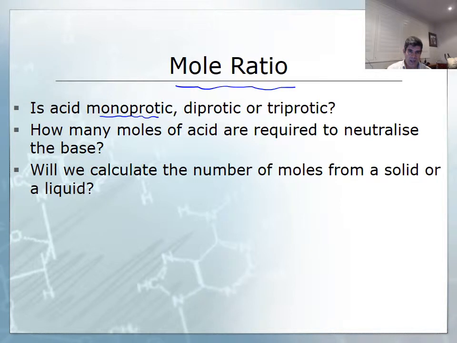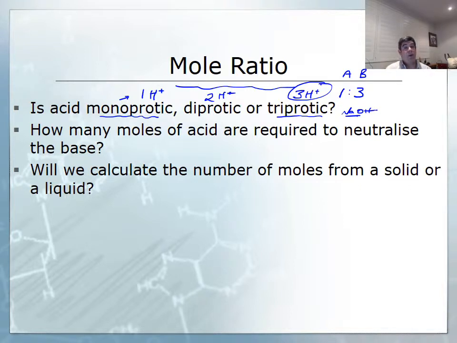A monoprotic acid will release 1 H+ ion per molecule, diprotic will release 2, and triprotic obviously will release 3 H+ ions per molecule. So therefore we would have a ratio of 1-to-3 acid to base if we were to titrate a triprotic acid against, for example, sodium hydroxide.